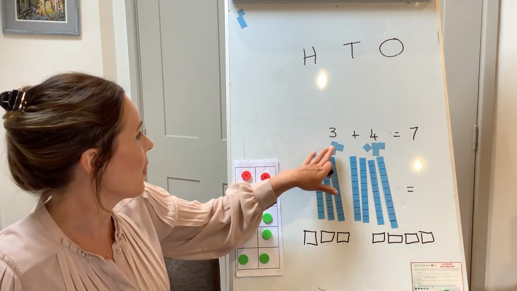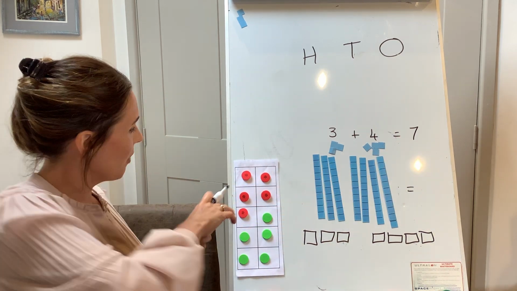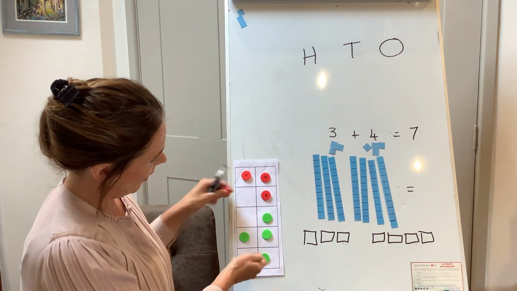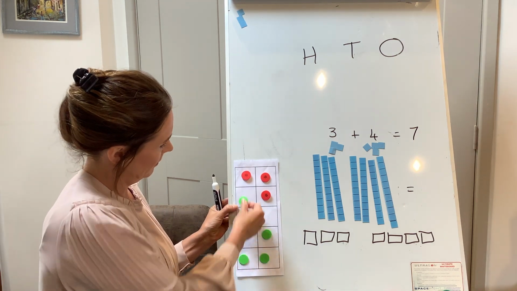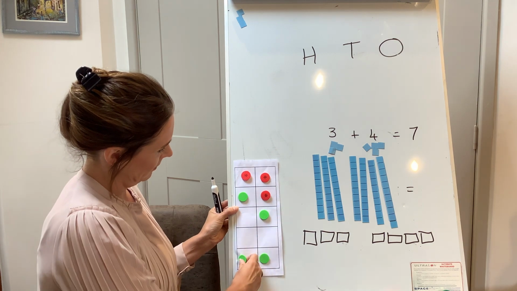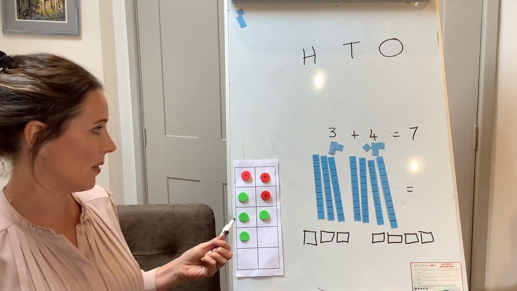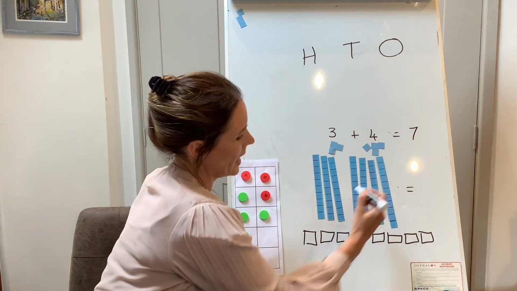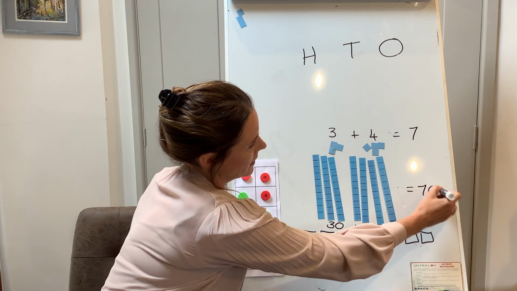Okay, so we've got 3 ones and 4 ones is equal to 7. So then, if we use these as ones, 3 ones and 4 ones is equal to 7. 3 tens and 4 tens, so 30 and 40 is equal to 70.